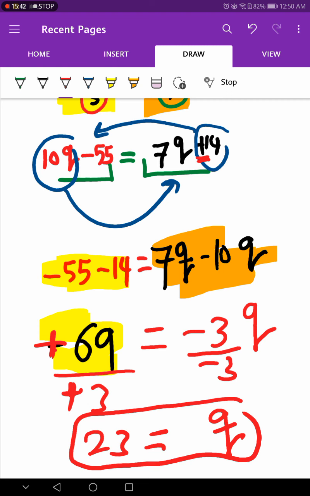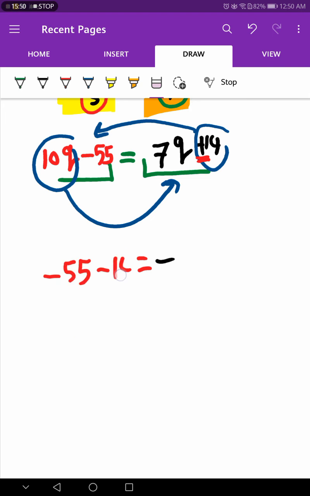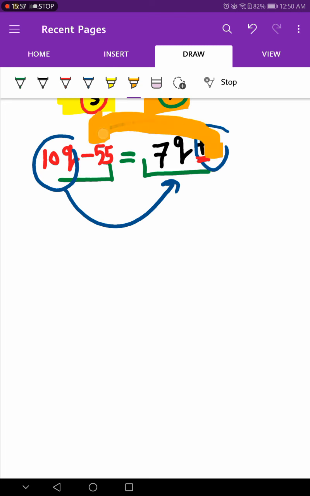Teacher, actually, if I move like this, first of all, you move the 14 here, and you move the 10Q from left to right. Teacher, I like to do the opposite. I will do the opposite.